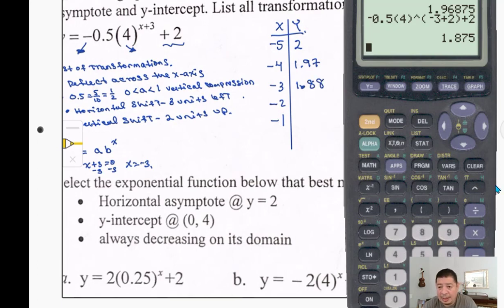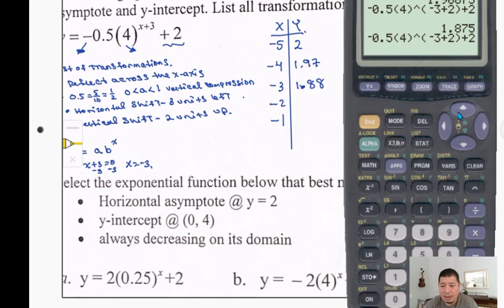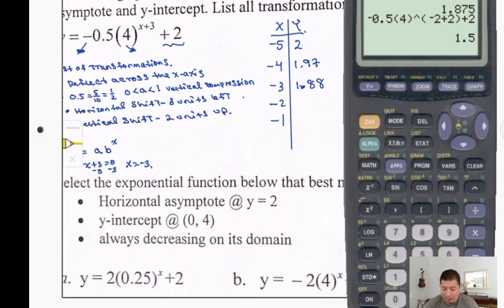And notice how the numbers are starting to descend, right? They're starting to go down. Okay, let's go ahead and do that again. And you guys please follow along, understand how to input these values into your calculator. That way, when it comes to the day of your test, you'll know exactly what to do.